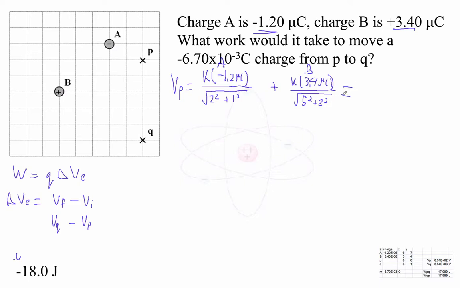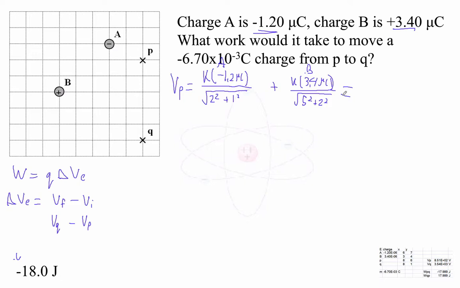So now I'm going to type this into my calculator. I'm going to go 8.99 E9 times negative 1.2 E minus 6 divided by the square root of 2 squared plus 1 squared.